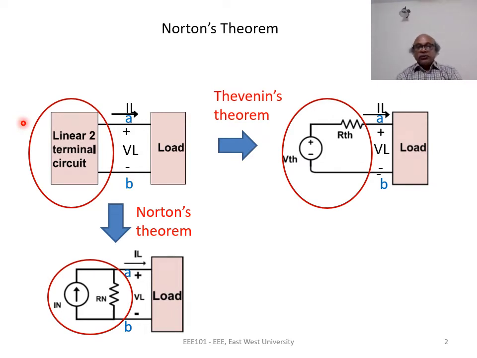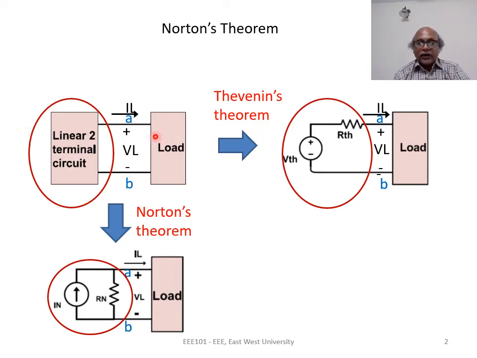So, according to Thevenin's theorem, the linear two-terminal circuit is replaced by a voltage source in series with a resistance, and in Norton's theorem, it is replaced by an independent current source in parallel with a resistance. Although Norton's theorem was originally proposed independently, it can be derived from Thevenin's theorem and the source transformation theorem.